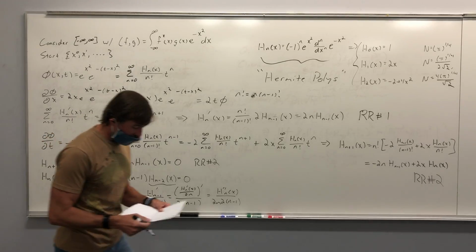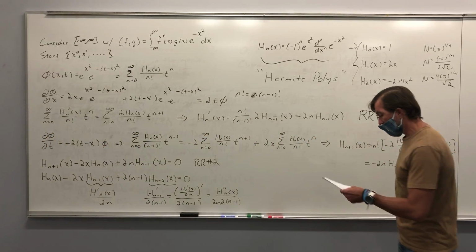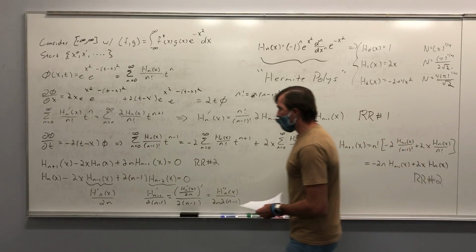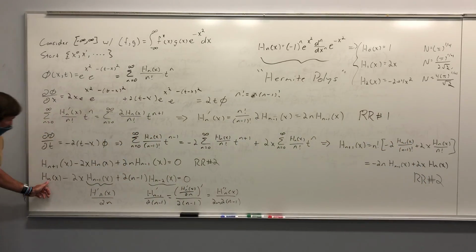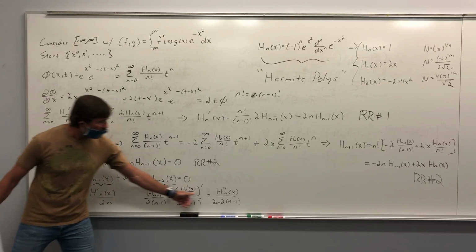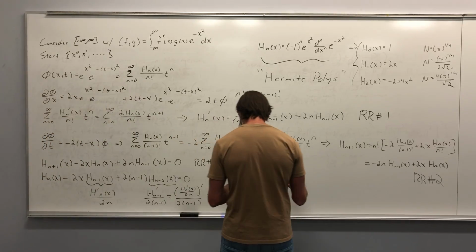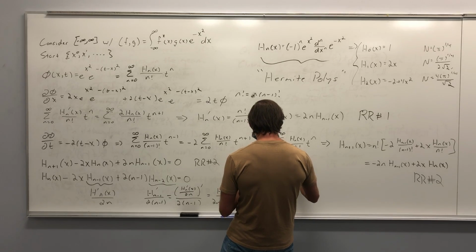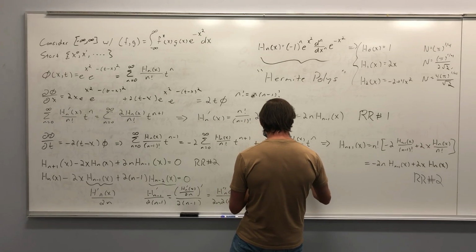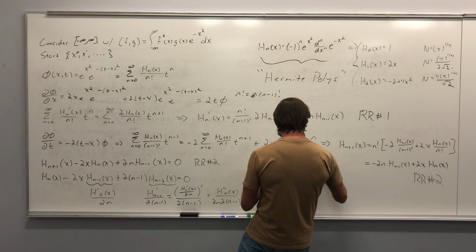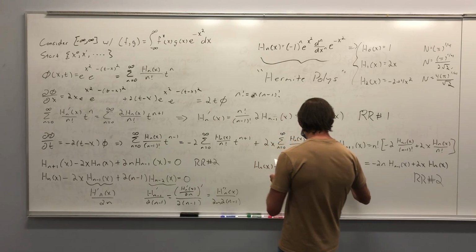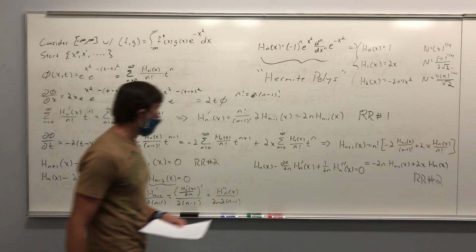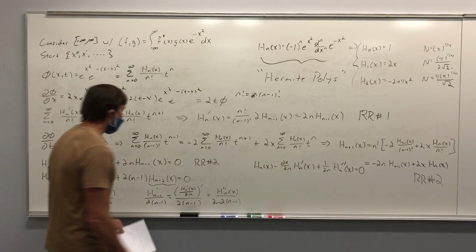All right, well, I got one more line to write down. So in the end, this is going to give us, notice, hn, hn prime, hn double prime. That's what we want. So we're going to have hn of x minus 2x over 2n hn prime of x plus 1 over 2n hn double prime of x equals 0, which is just begging us to multiply through by 2n.